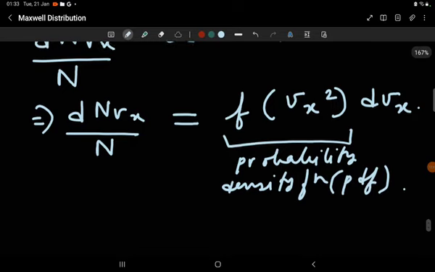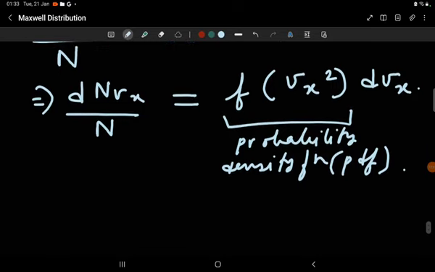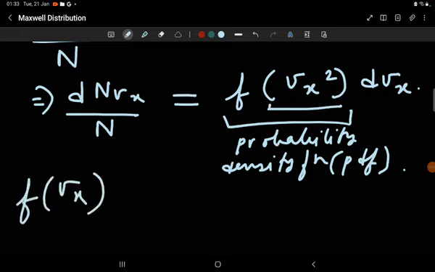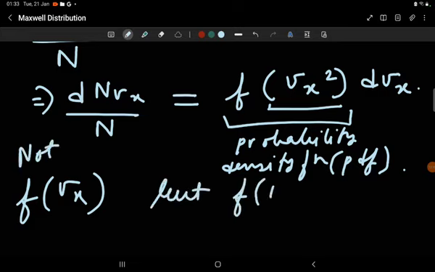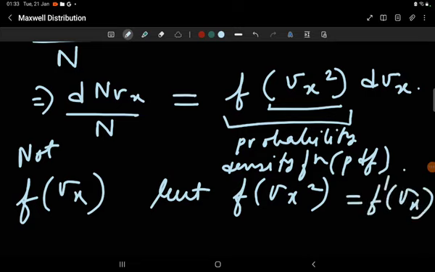There are a few things to notice here: we have taken f of Vx squared and not a function of Vx. Obviously a function of Vx squared will be a function of Vx also. Then why not Vx? Why Vx squared?